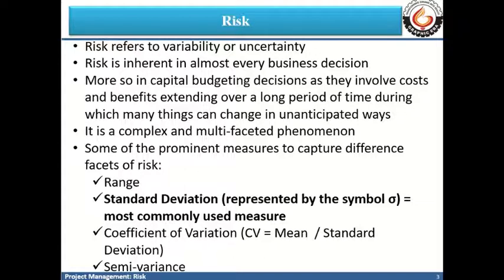Typically you would require various resources, maybe man, material, money, and all, and they are bound to face uncertainty because of several reasons, maybe internal or external. So variability or uncertainty is prevalent in almost all business decisions, and more so in projects.